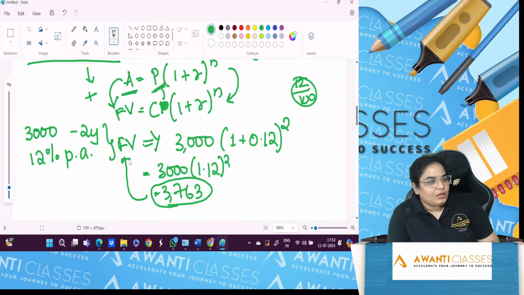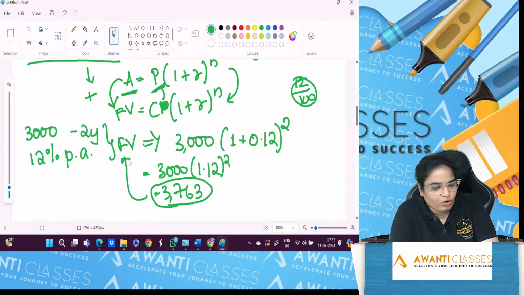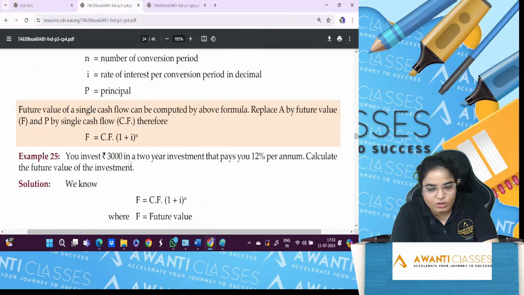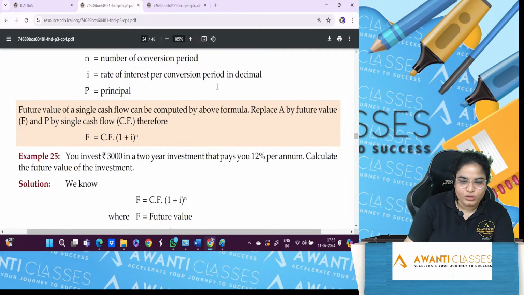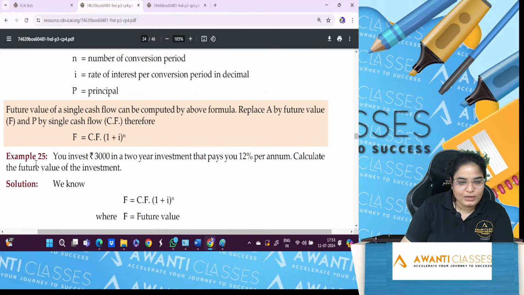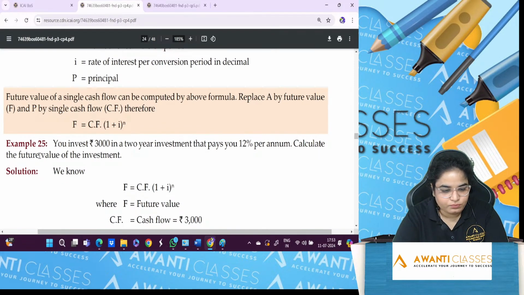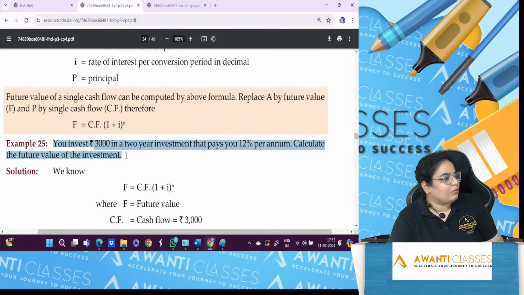Sir, the screen is not clear. Where, sir? What I am writing is not clear, or are you unable to see the question also? This one we are doing. See, this one. Example 25 we are doing. Are you able to see it, sir?